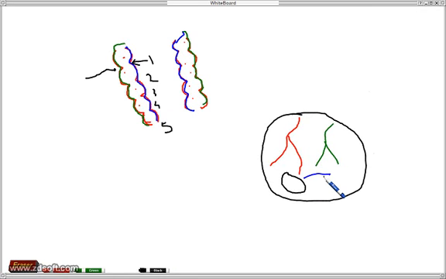So a pharyngeal arch is always associated with an artery, with a nerve, with a cartilage, and with muscles. Okay, so this was something about the pharyngeal arch.